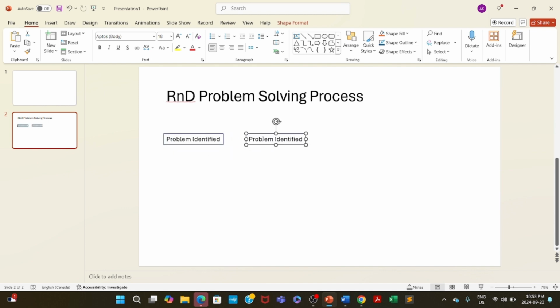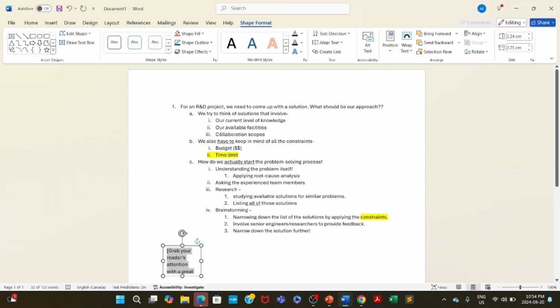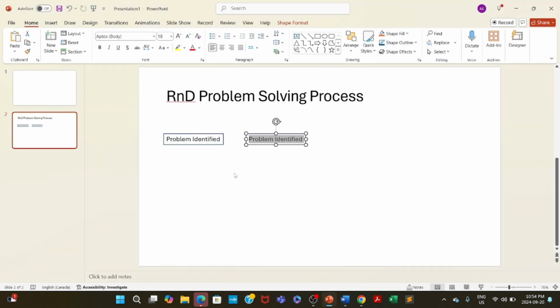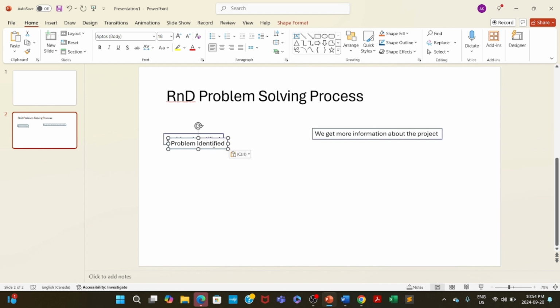And then when the problem is identified, what do we do? Problem solving becomes a project.